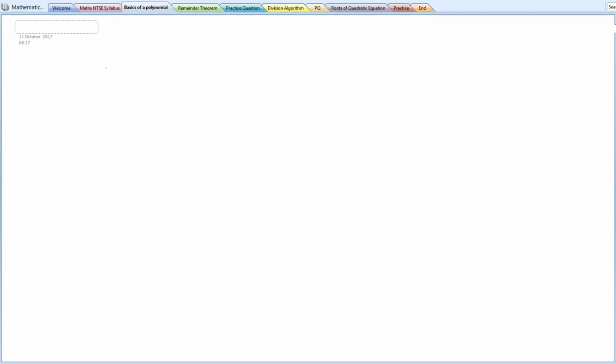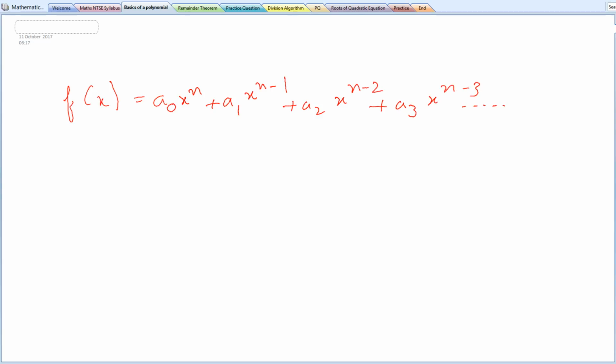So as you guys know, a polynomial, let's say f(x), is a0 x to the power n plus a1 x to the power n minus 1 plus a2 x to the power n minus 2 plus a3 x to the power n minus 3, and so on till an x to the power 0.